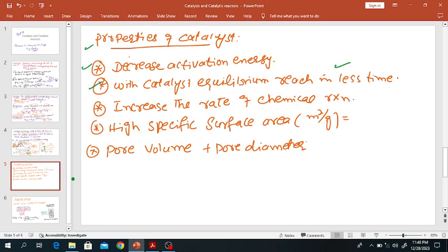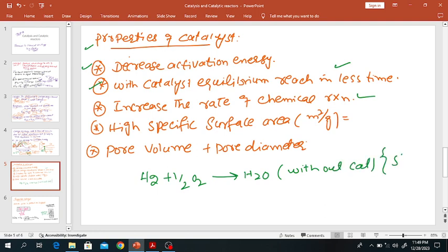It increases the rate of chemical reaction. The catalyst increases the rate of chemical reaction. It speeds up the chemical reaction. For example, hydrogen and oxygen give us water, but without catalyst, it is a very slow process.